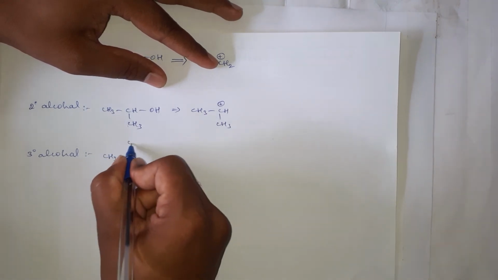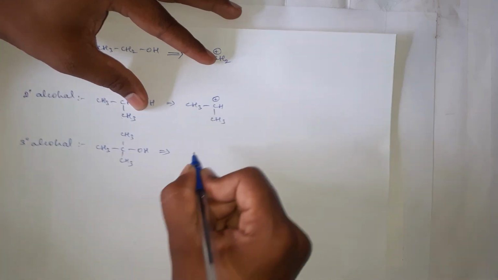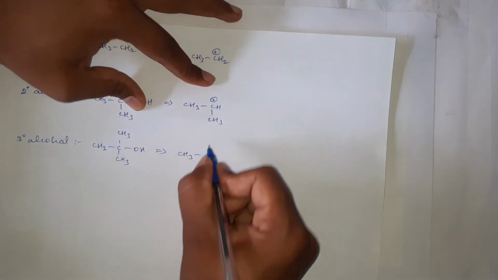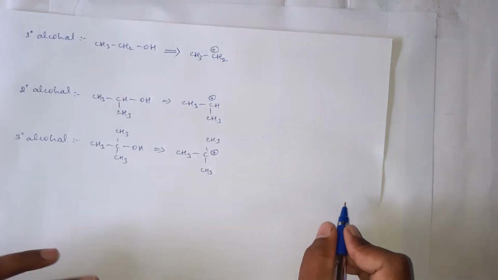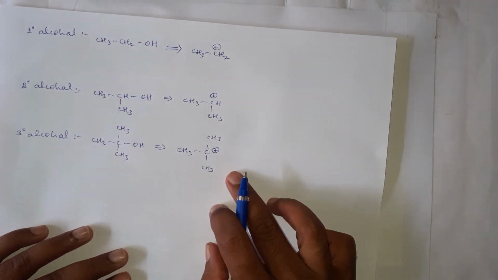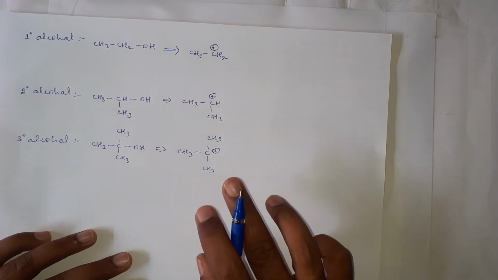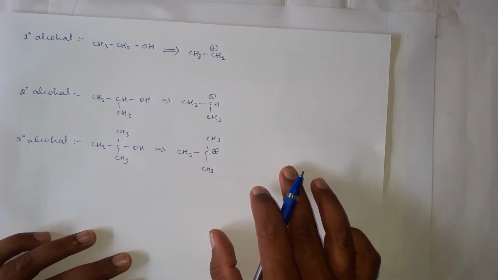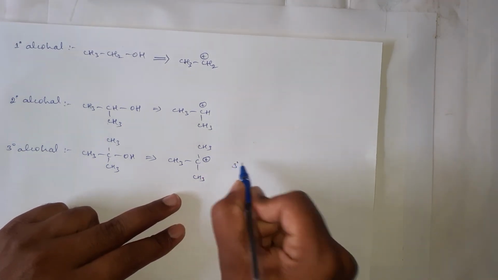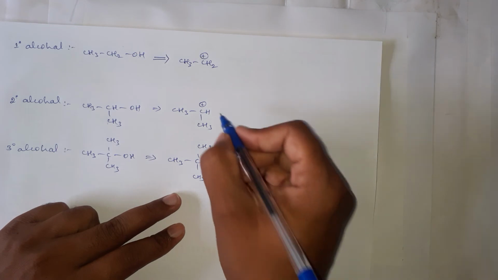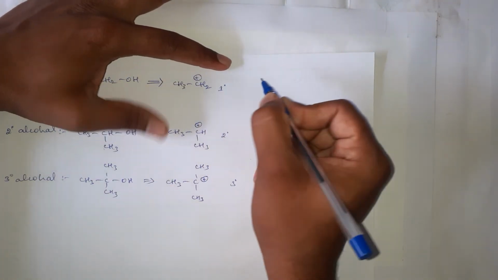(CH3)3COH, and in the first step it will form a tertiary carbocation, and we know that if the formed carbocation is more stable, then it will easily undergo a reaction with the Lucas reagent. And here this is a tertiary carbocation, this one is a secondary carbocation, and this one is a primary carbocation.